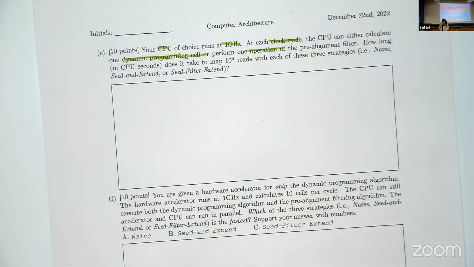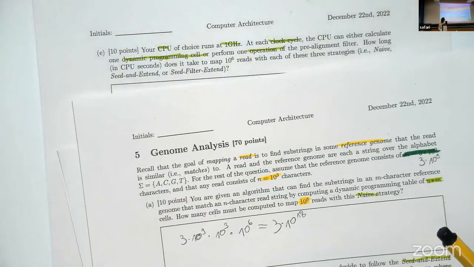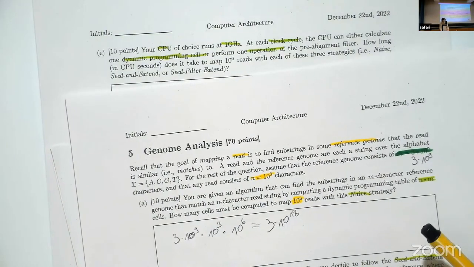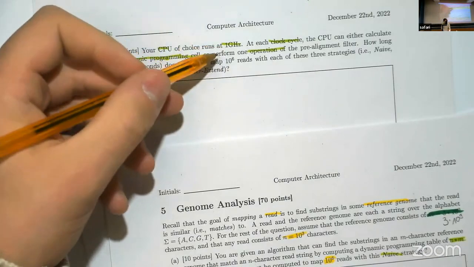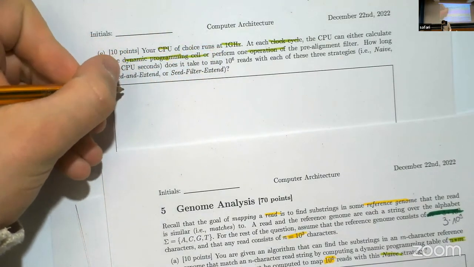So what you simply do is calculate how long this takes in CPU seconds. You simply take these numbers. For example, before you had 3 times 10 to the 18 dynamic programming cells to calculate. If your CPU runs at 1 gigahertz, that means it can do 10 to the 9 operations per second.